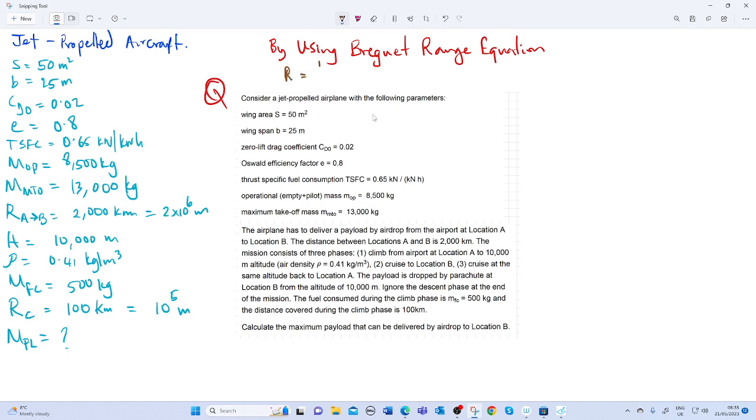R equals 1 over TSFC times the root of 2g over rho S times the root of CL over CD max, multiplied by the root of initial mass minus final mass. Which is the Breguet equation.